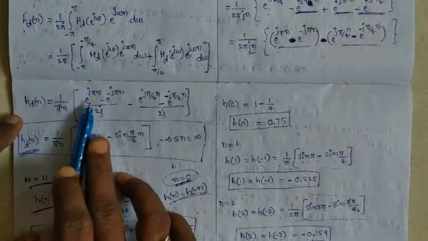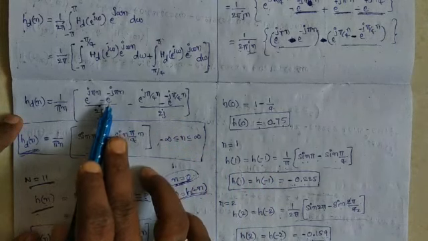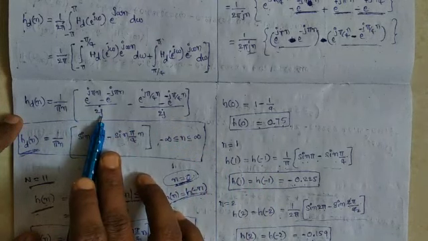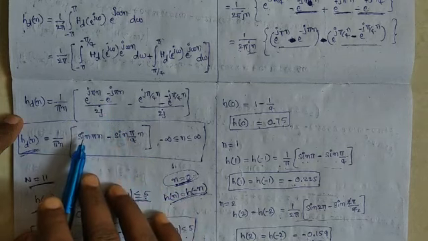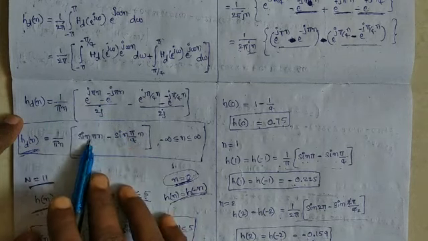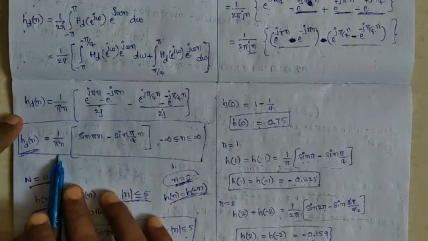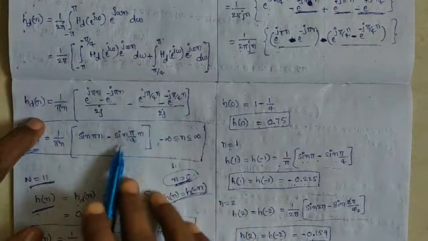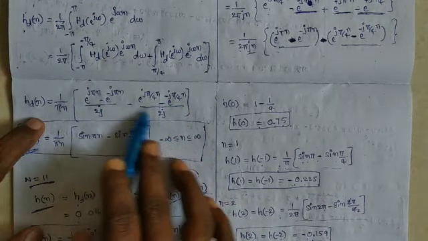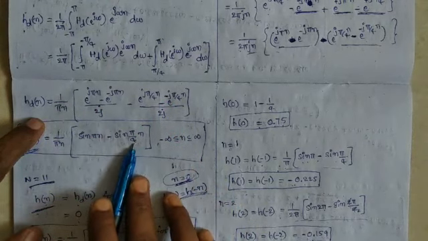Which is equal to, e power j theta minus e power minus j theta by 2j, which is sin theta. So sin pi n minus, in similar form, sin pi by 4 n.